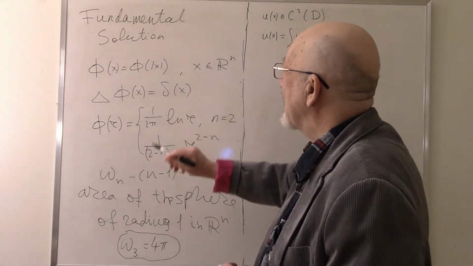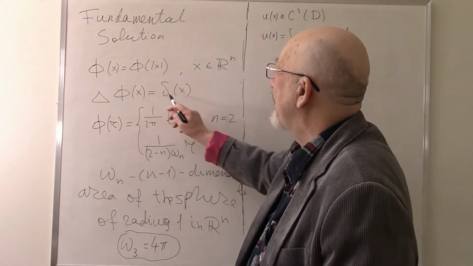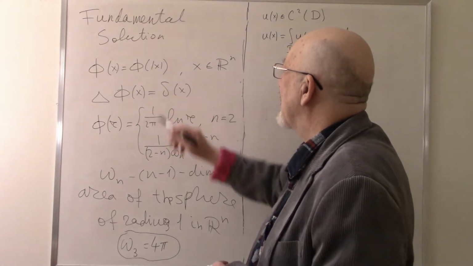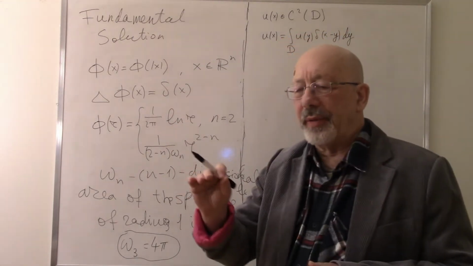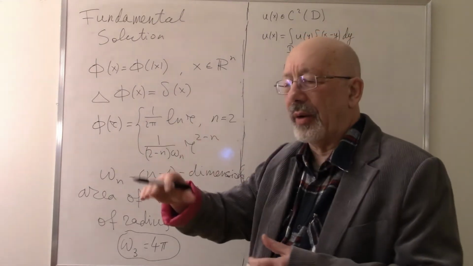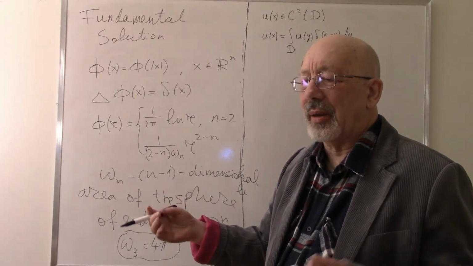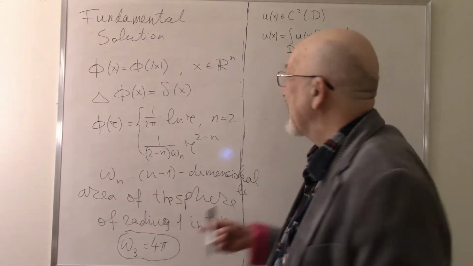Now let us look. The Laplacian of the function phi of x is delta of x. Now, if you consider the Laplacian of phi of x minus y, it is delta at the point y. Yes?